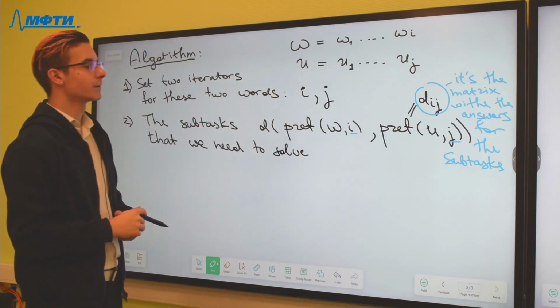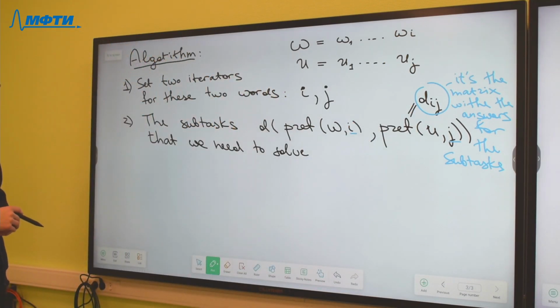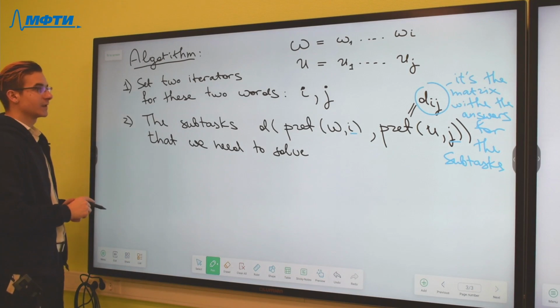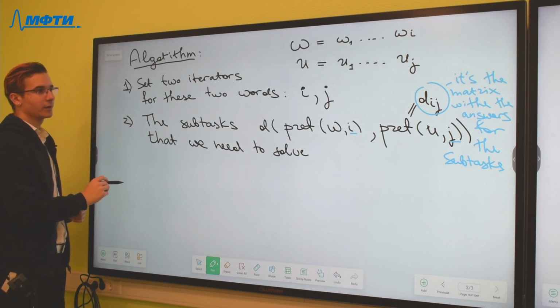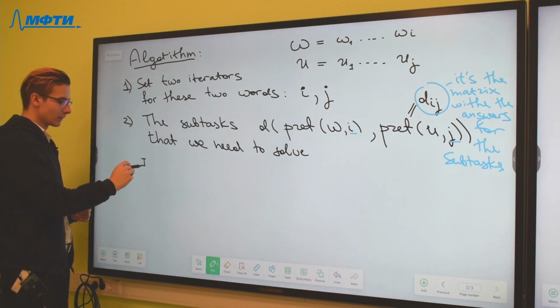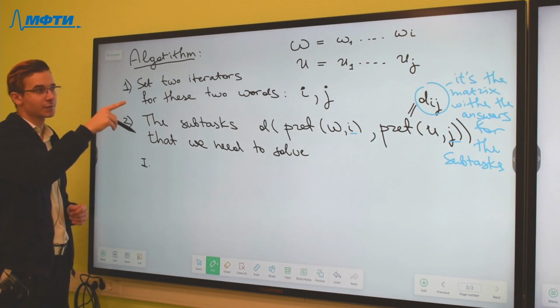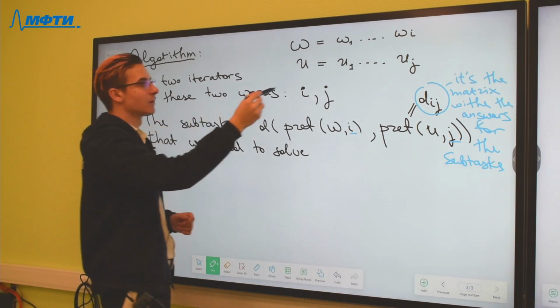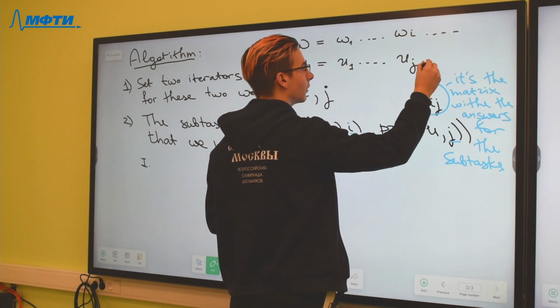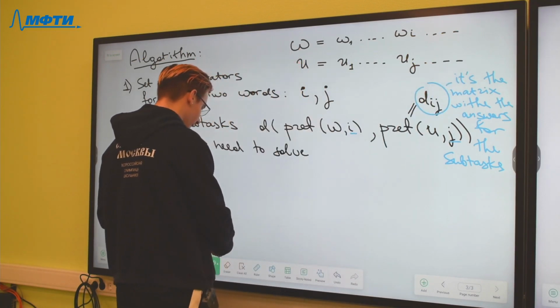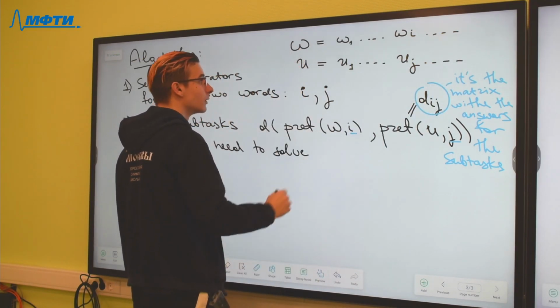UG and WE, we can say that there are three ways to compare these two prefixes of words.